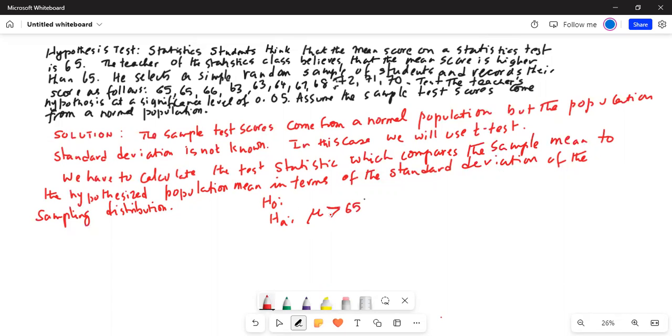Notice here the two slanted lines making greater than points to the right. It's a right tail test. What does it mean? It means the rejection of the null hypothesis falls in the right tail.